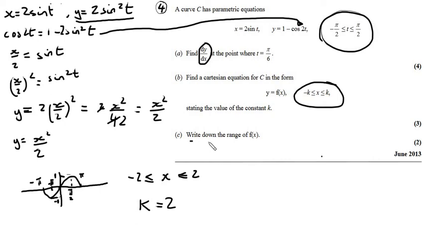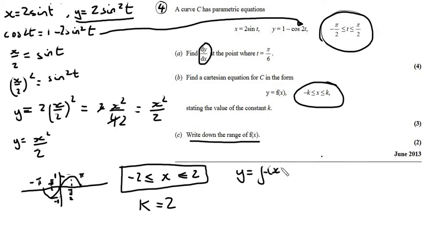And then part C just says write down the range of f of x. So we've got the domain here, right? And we have the function y equals f of x, which equals x squared over 2.